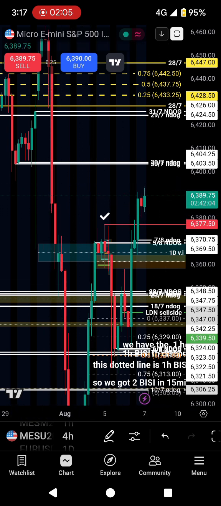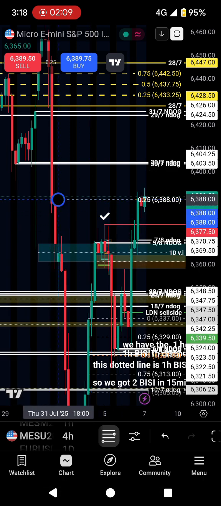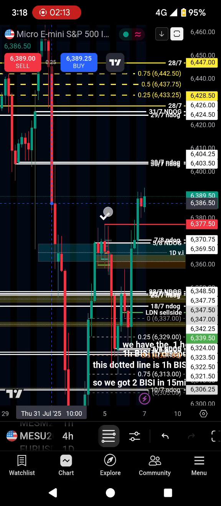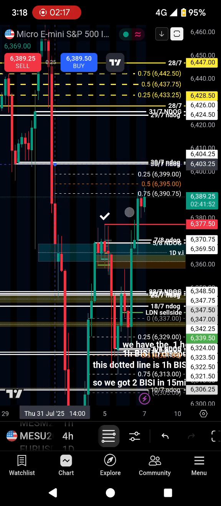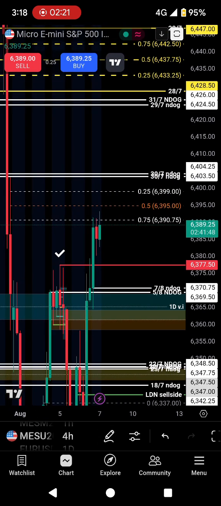So next draw we will draw out this 4 hour C wick here to here. Okay, so the 4 hour C wick, I'm gonna see the 6395 level.